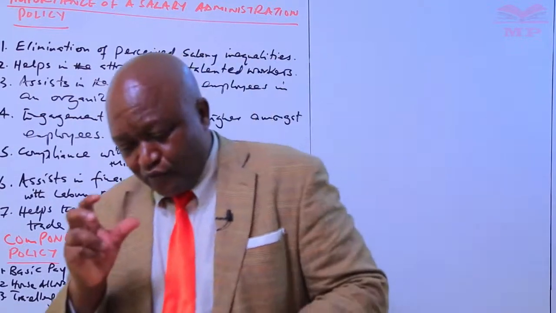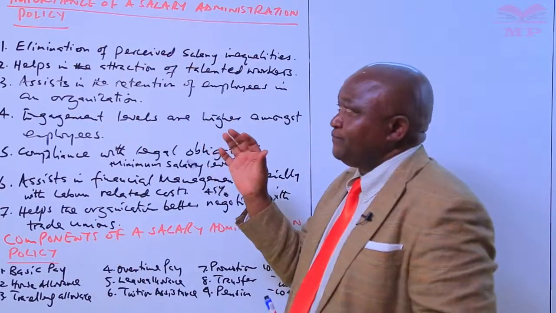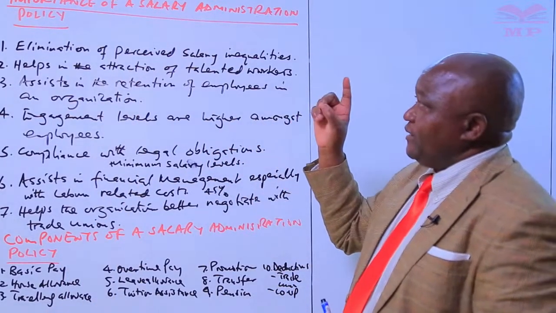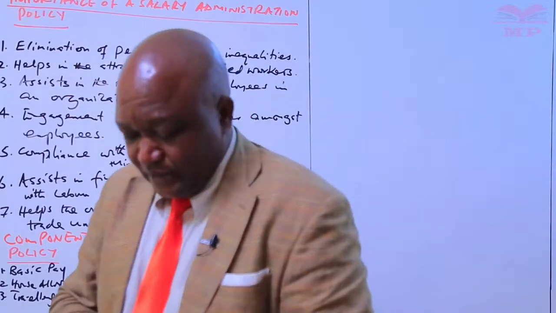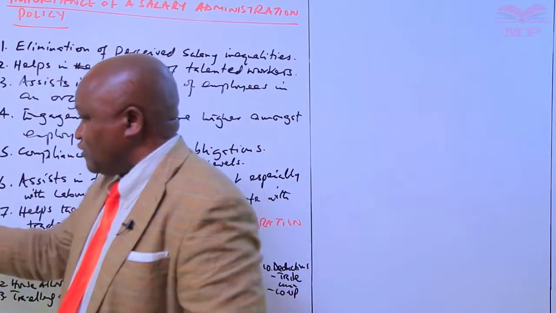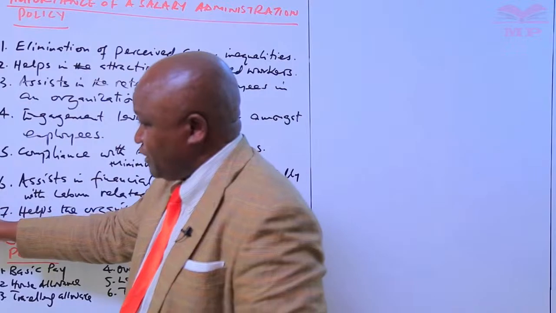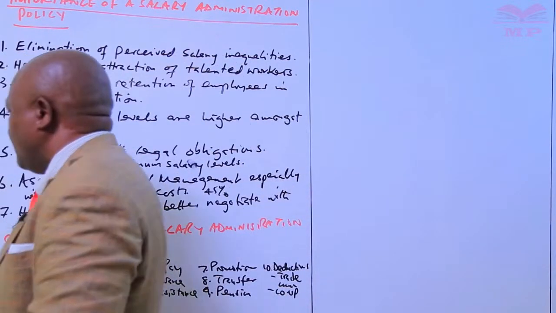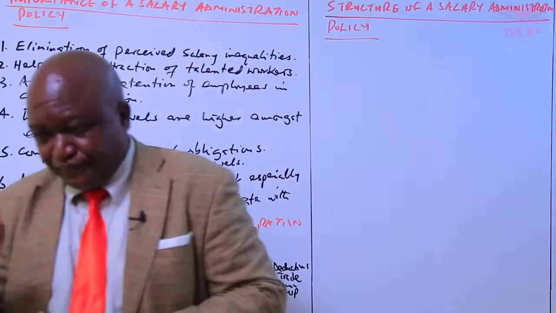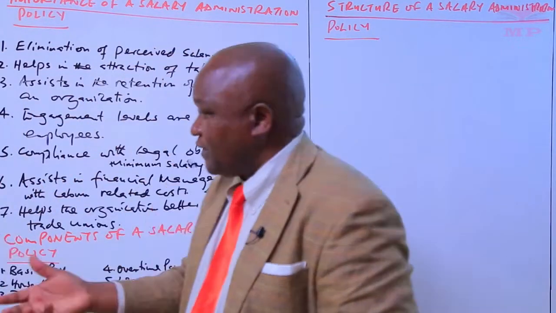Now, for organizations that have a salary administration policy, they may have a document, and this document is what is referred to here, salary administration policy. So we want now to have a look at a structure of a salary administration. Is there one specific kind of a structure?